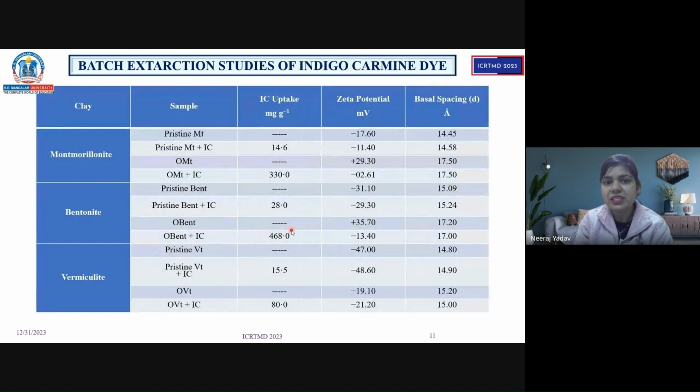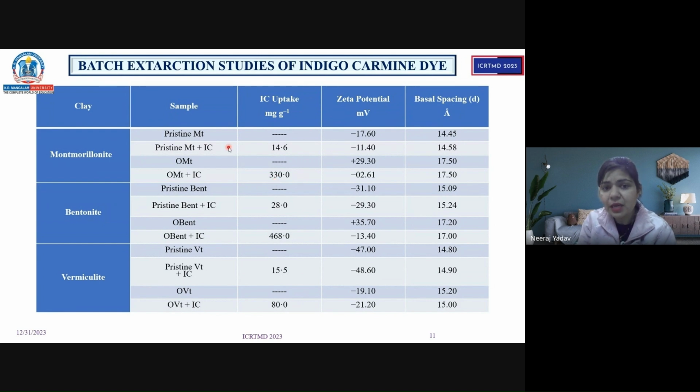This is the batch extraction study of the indigo carmine dye, and this is found to be just opposite to the crystal violet dye, because the indigo carmine dye is anionic in nature and the organoclay is positively charged. So again, between the organoclays, that is organomontmorillonite, organobentonite, and organovermiculite, the possible interaction is the electrostatic interaction between these two.